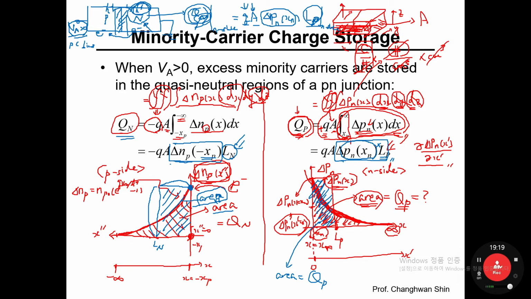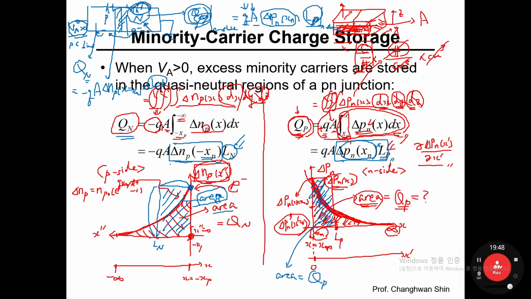So similarly, we can repeat and estimate how much electrons can be stored in the p-side quasi-neutral region. So now we're talking about the electrons, so minus q, the electron unit charge, times cross-sectional area times the initial value of delta np at x of xn times the electron diffusion length Ln.